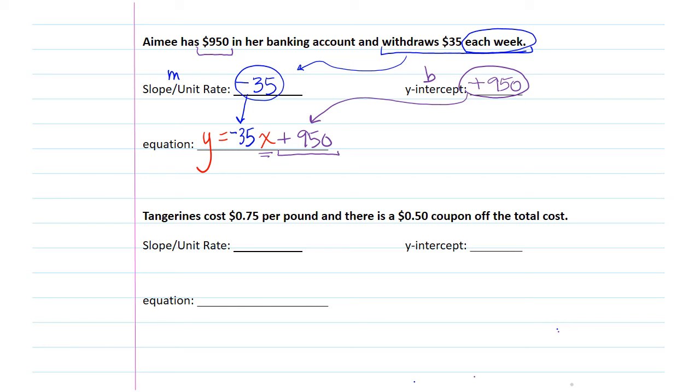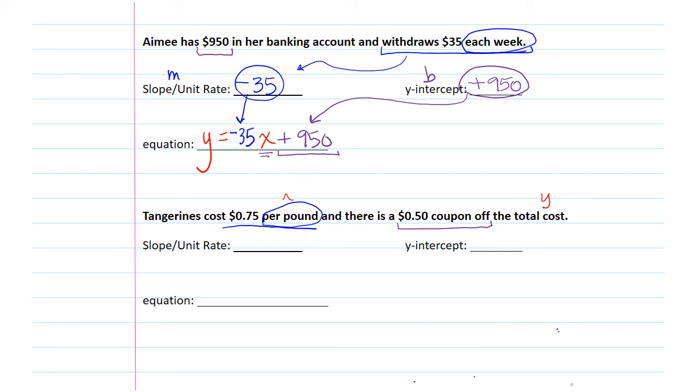Tangerines cost 75 cents per pound. Oh, there's my per pound. That right there is going to be my unit rate. And there is a 50-cent coupon off the total cost. So the question is, what is our total cost going to be?